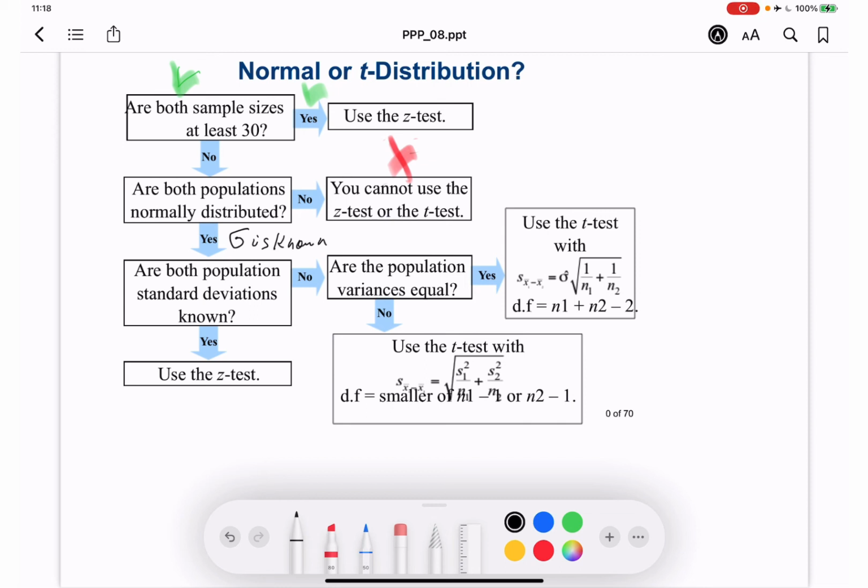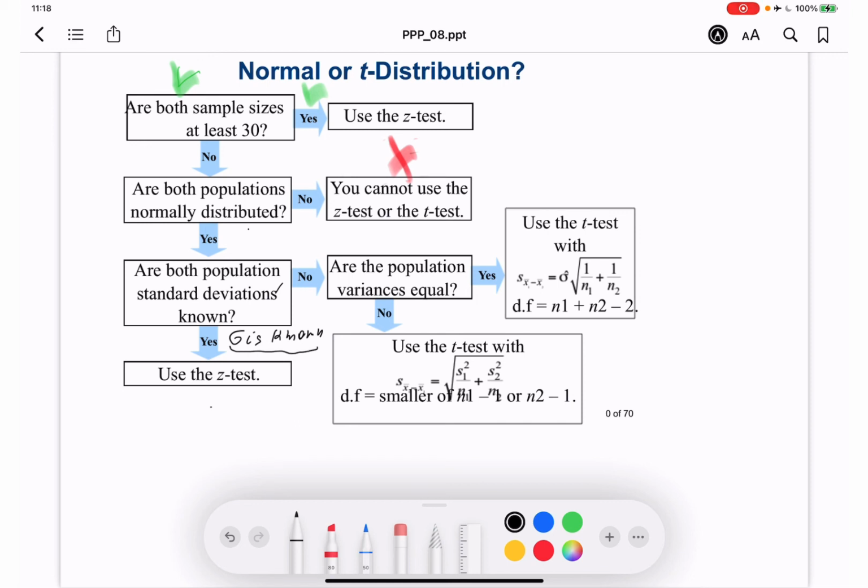If it's known, again, I got ahead too much. I should put here: if it's known, sigma, standard deviation, variance is known, but sample size is less than 30, doesn't matter. As long as sigma is known, we are using z-score.